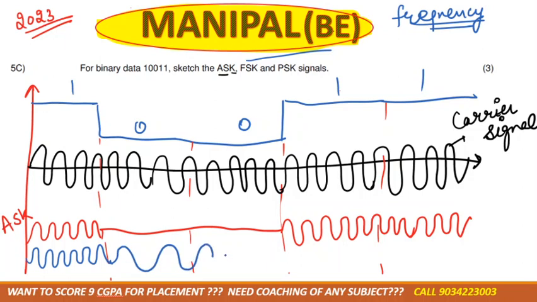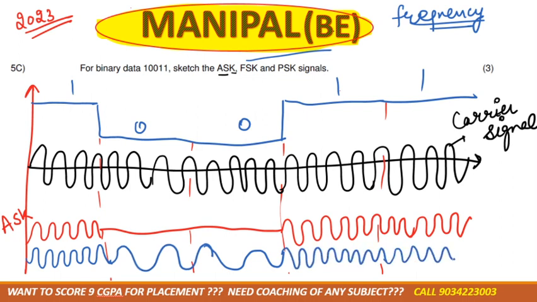In this case, it takes a lot of time to complete one cycle, right? So it is like this. Then again 1 1, so normal, the same as the carrier signal, it is FSK, correct?